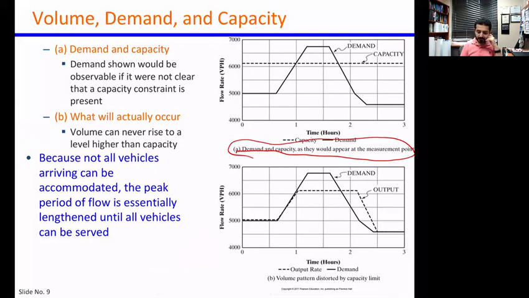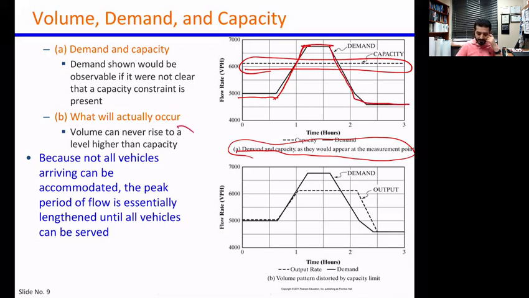So what does that mean really? Typically the capacity is fixed, let's say 6,000, and the demand will be very low at certain times, and then it's going to increase at the peak hour way more than the capacity, and then it's going to go down again. But in reality, this is not what happens.